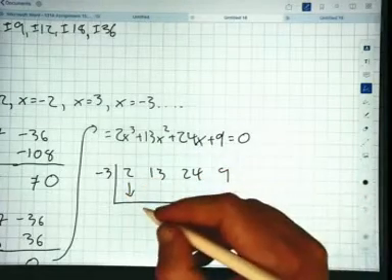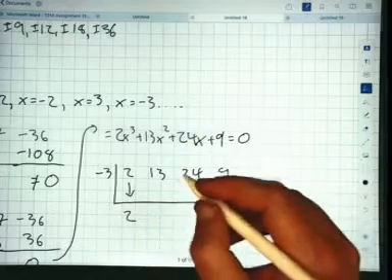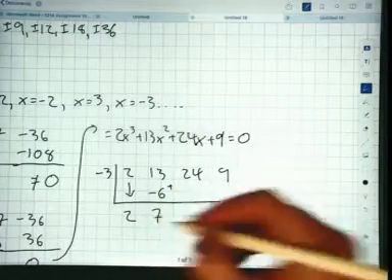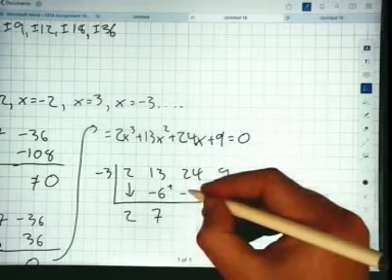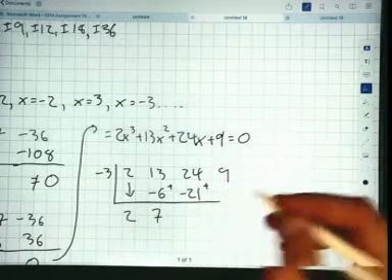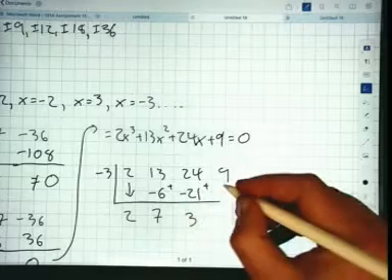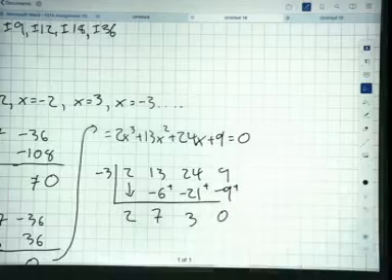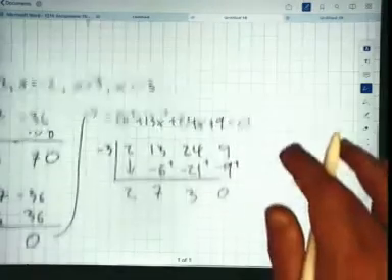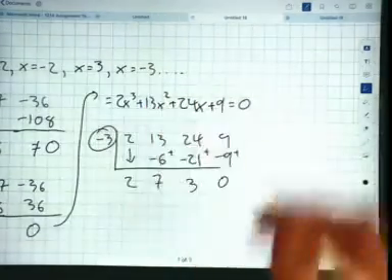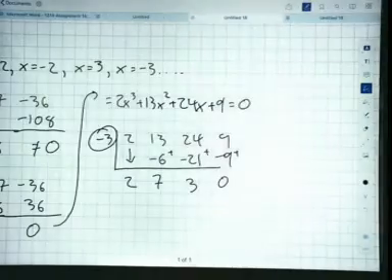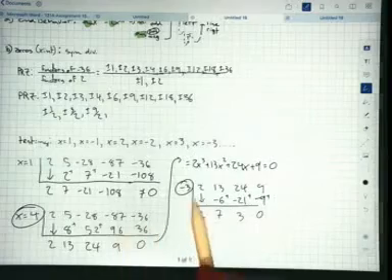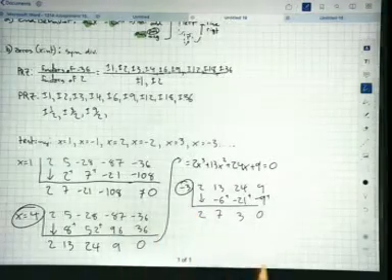Bring down the 2. Times -3 is a -6. Add, you get 7. Times the -3 is a -21. Add, you get 3. Times the -3 is a -9. Add, you get 0. So, x equals -3 is also a 0 of the function. So we have now found 2 zeros of this function, 4 and -3.